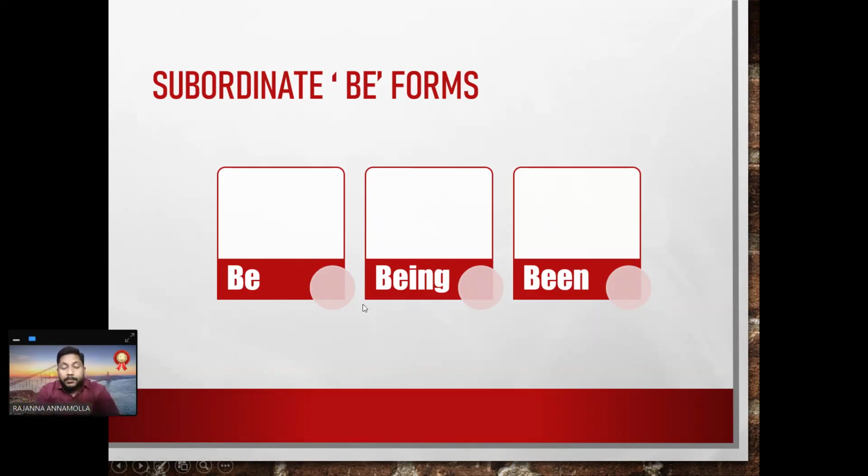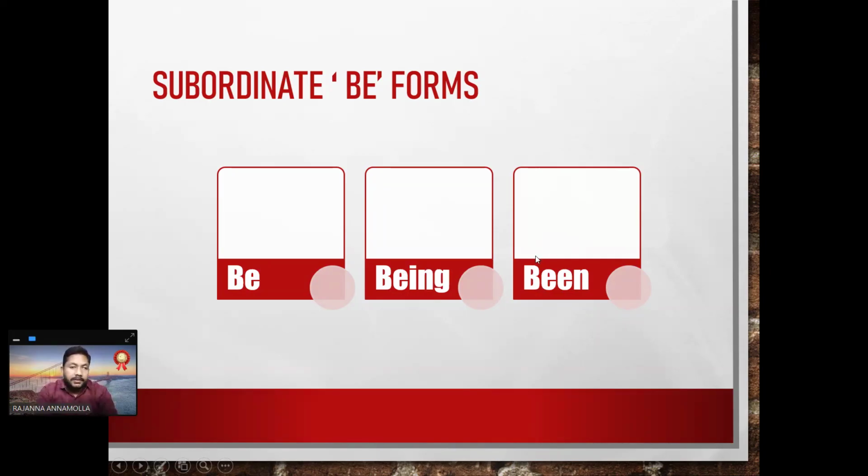Next, be. So this be is used in future. When future simple is changed into passive voice also, we use this in the passive voice. Being is also used when you change present continuous or past continuous tense into passive voice. Been is used when you change perfect tenses into passive voice.